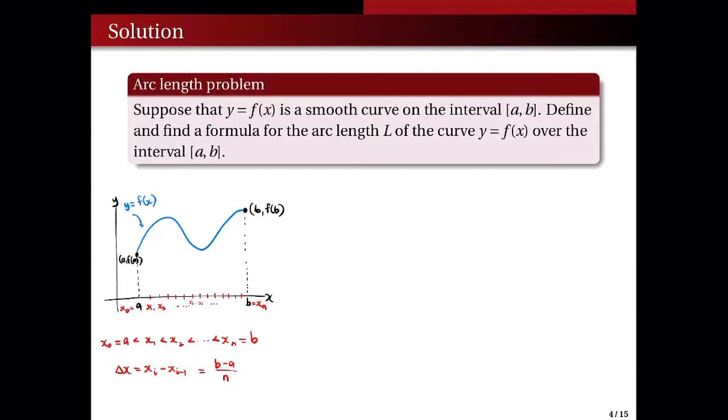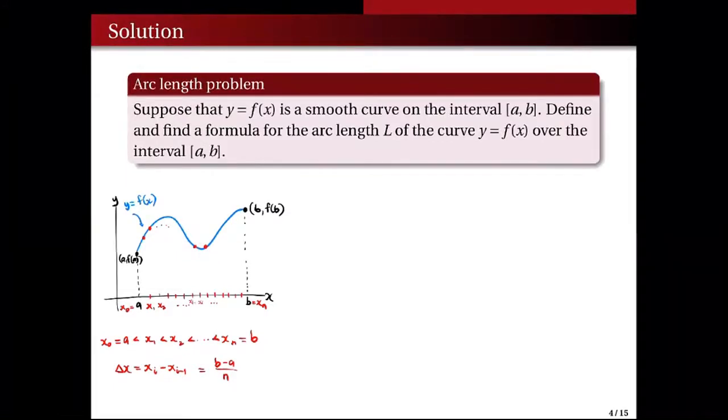So for example, at x sub 1, you got this point here. At x sub 2, you got this point here, etc. And then at x sub i, you got this point here. Sorry, this point here is your x sub i minus 1. This point here is your x sub i. Okay?